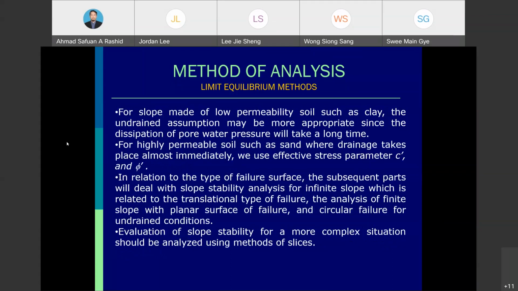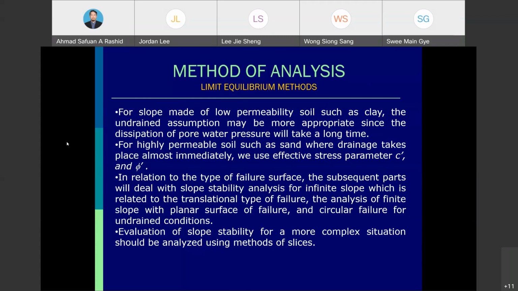For a slope made of low permeability soil, such as clay, the undrained assumption may be more appropriate since the dissipation of pore water pressure will take a long time. For high permeability soils such as sand, where drainage takes place almost immediately, we use the effective stress parameters C and phi.